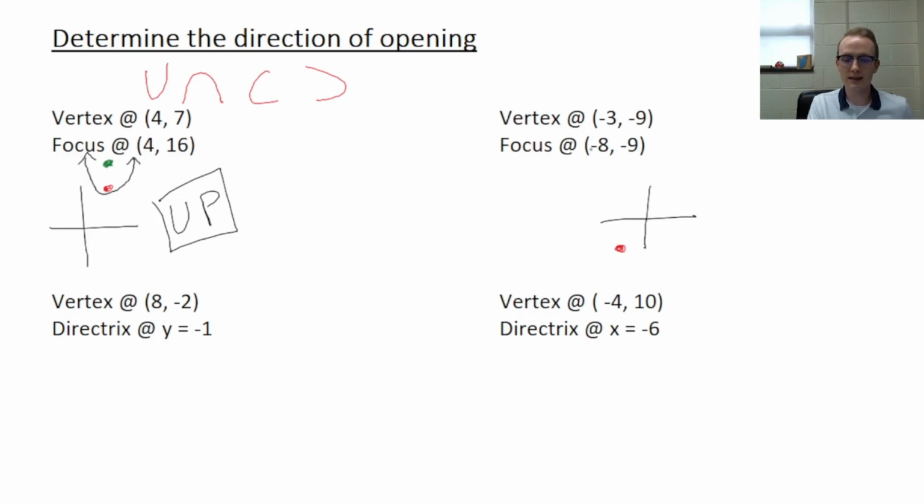Our focus has an x-coordinate of -8, and the vertex has an x-coordinate of -3. We're going to the left more to get to our focus, but we're going down the same amount, 9, for both. So they've got the same y-coordinate but different x-coordinates. Our focus is going left more, down the same amount, so it's somewhere over here relative to our vertex.